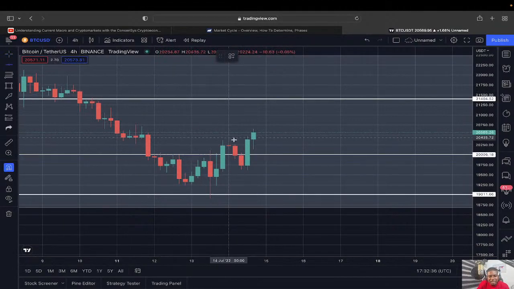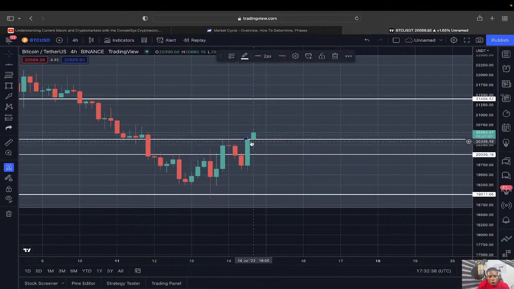You can see that this bullish candle now closed above the previous 3 to 4 candles. Look at this candle here, one closed below here, this one closed here, this one closed here. But look at this green candle, it came up and closed above all of them. That's some indication of some bullish momentum.